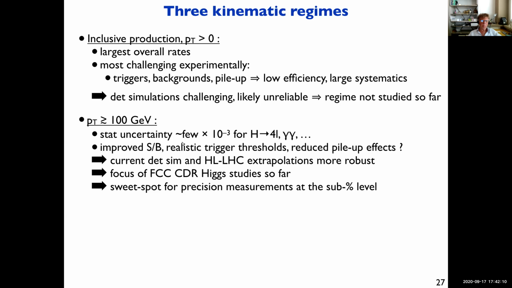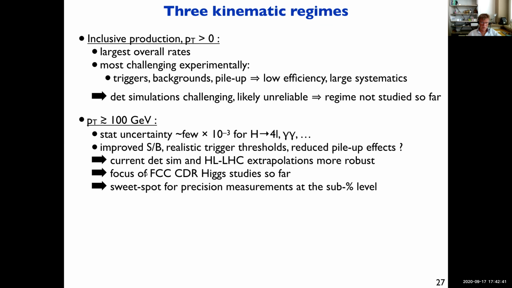Here there is still plenty of statistics, as we will see. The signal to backgrounds are significantly improved. One gets into a region where the trigger thresholds are acceptable, and the extrapolation of detector simulations from, say, the high luminosity LHC studies are more robust. And this is the regime, the range of the PTs in which we focused our study of the Higgs in the FCC documents.